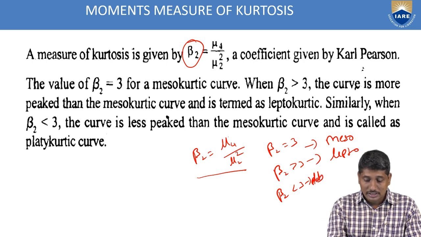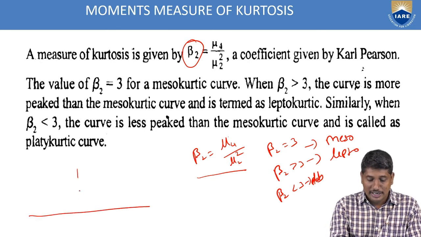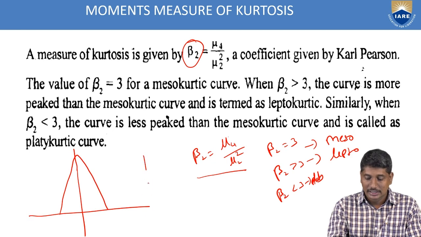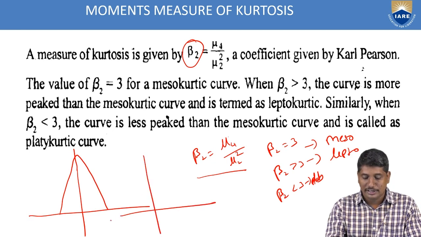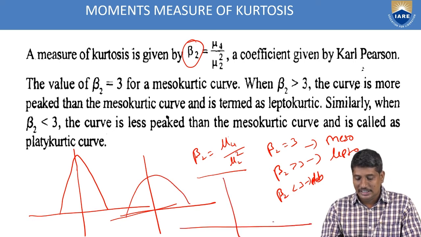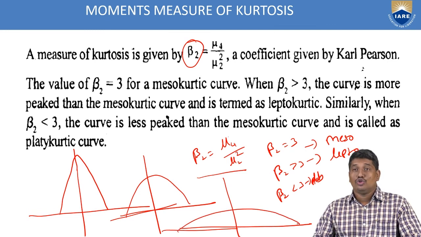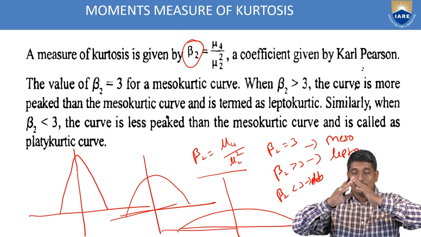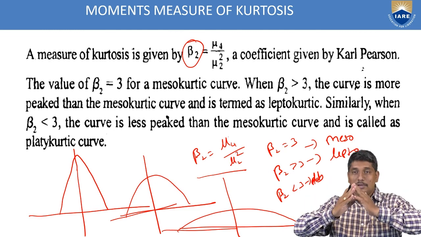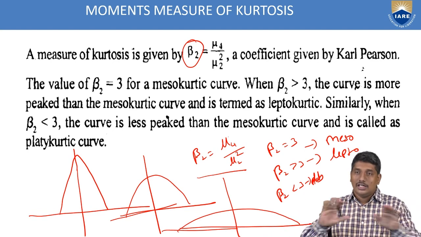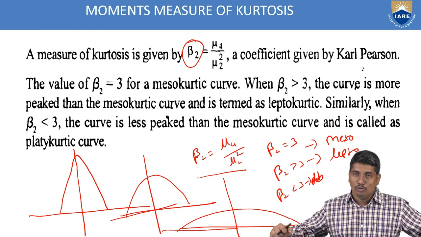That means in the mesokurtic, the distribution graph will be like this. In platykurtic, the distribution graph will be like this. Lepto means more height. Meso means balanced height, and platy means more flat, very less height and more bulky.